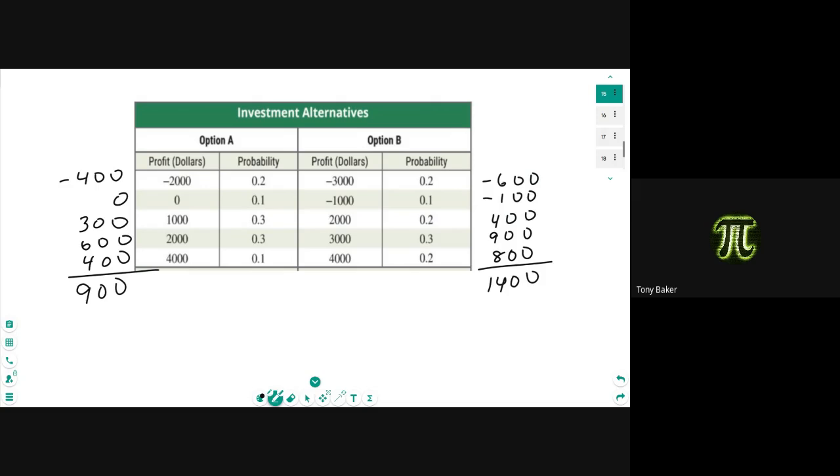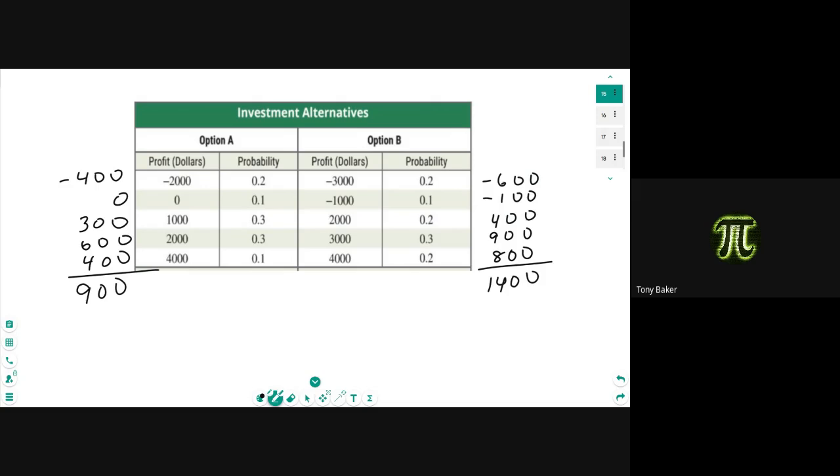This is still technically theoretical because we're just giving you the probabilities. If you're only doing this once, if you're investing, that's going to be your profit. Option B, you have a 30% chance of losing money, whereas option A, you only have a 20% chance of losing money.